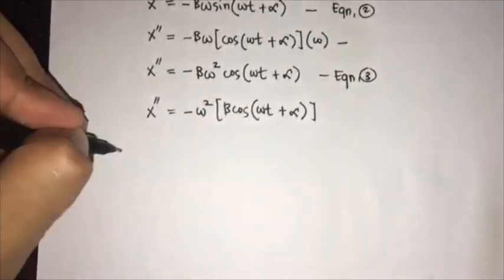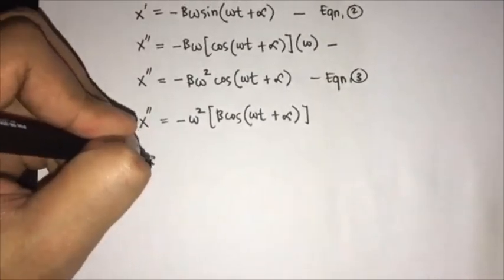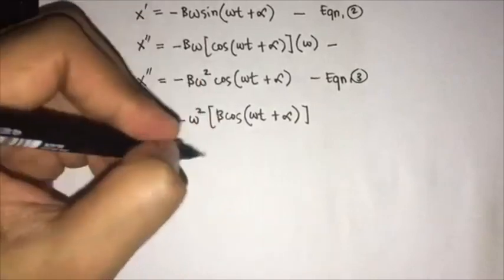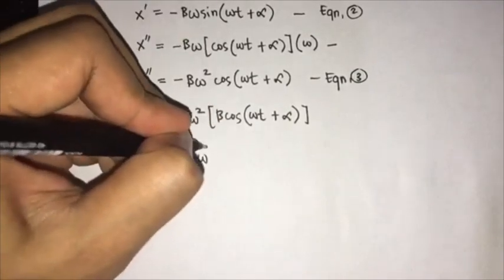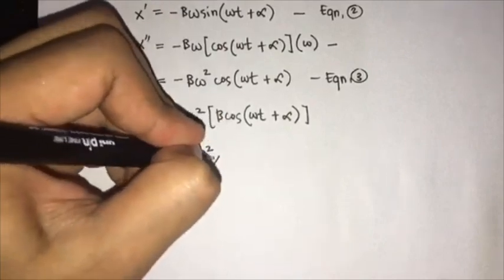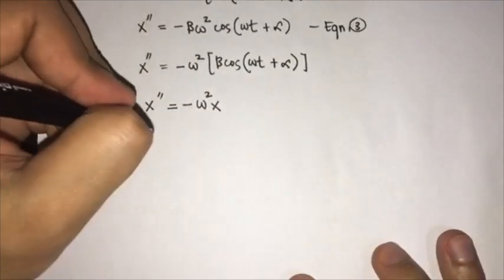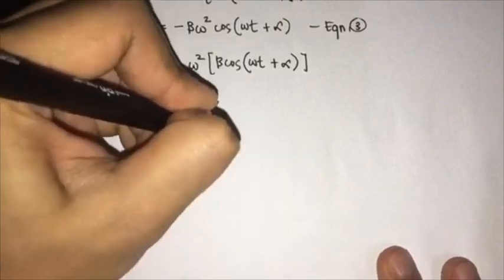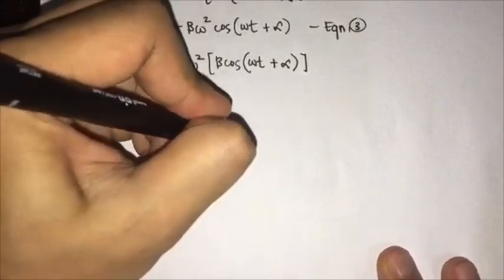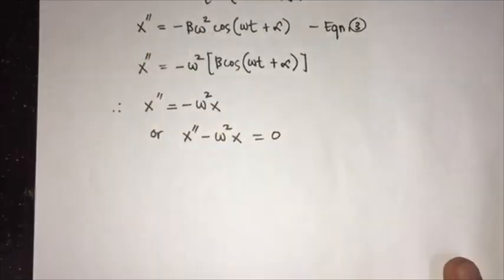Therefore x double prime is equal to negative omega squared x, or x double prime plus omega squared x is equal to 0.